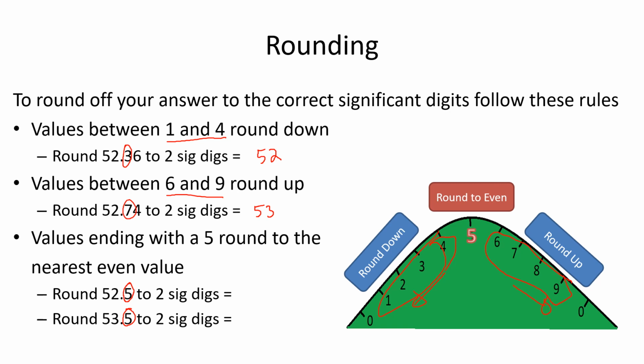So when you have a 5 on the end, just round to the nearest even value. If it was 52.5, the 2 is even, so you just leave it as 52. If it's 53.5, the nearest even value is 54, and so you round up for that one. So half the time you'd be rounding up, half the time you round down. Overall, it balances out, and that means that when you're rounding, you should not have any bias.